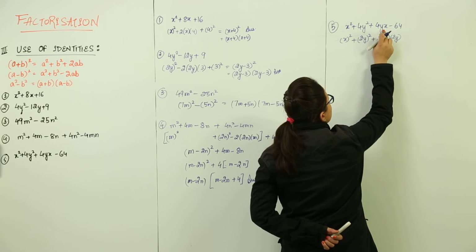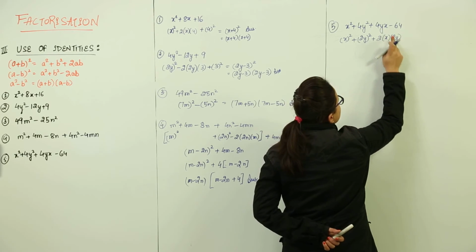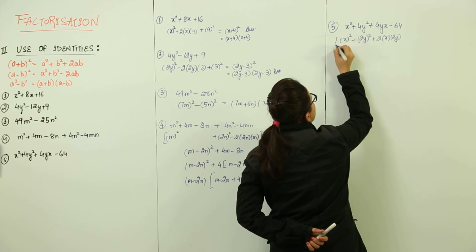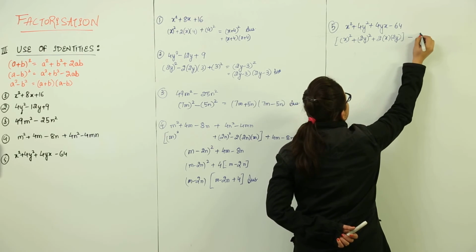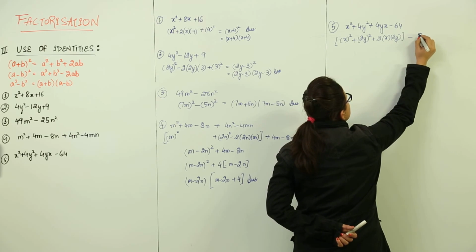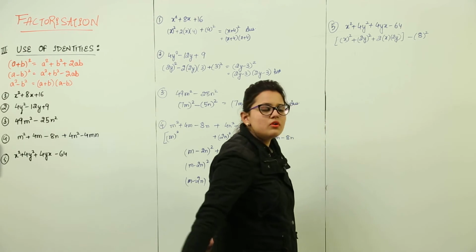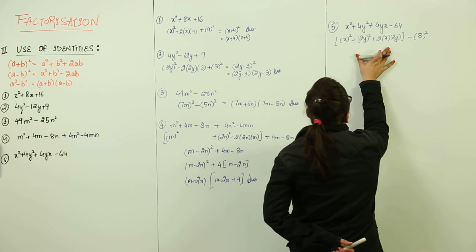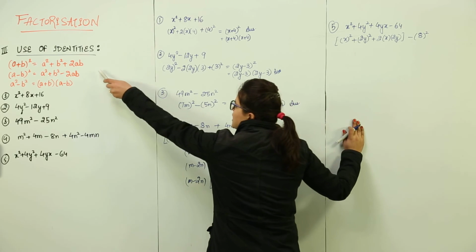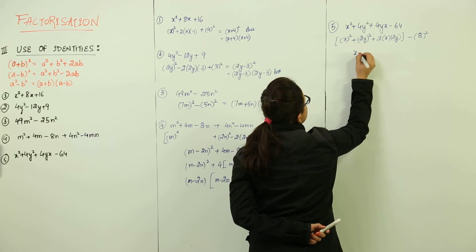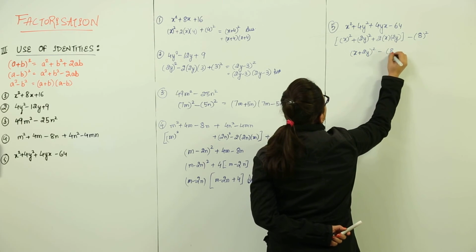Just check if this is equal to this. 2 4s are 4xy. Yes, it is absolutely equal. So we will group them together and write 64 as 8 whole square. 8 8s are 64. Now this is coming equal to which one? The first identity. So I can write this as (x plus 2y) whole square minus 8 whole square.